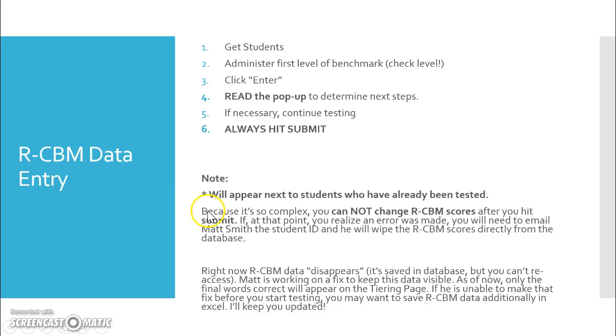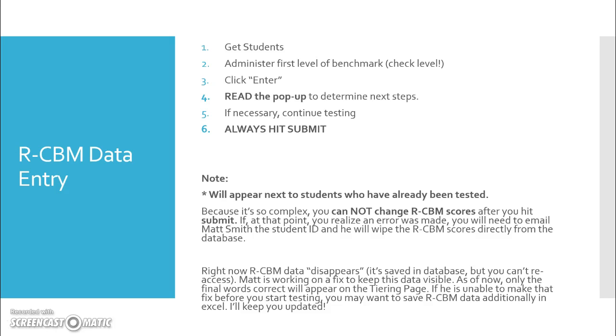Now, because it's so complex, you cannot change R-CBM scores after you hit submit. That's why we're including lots of pop-up windows along the way to remind you to double check the scores. I know there's going to be someone out there who's going to hit submit on a set of scores and realize that an error has been made a second too late.